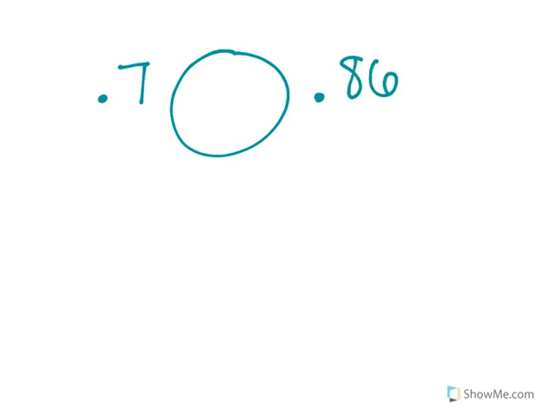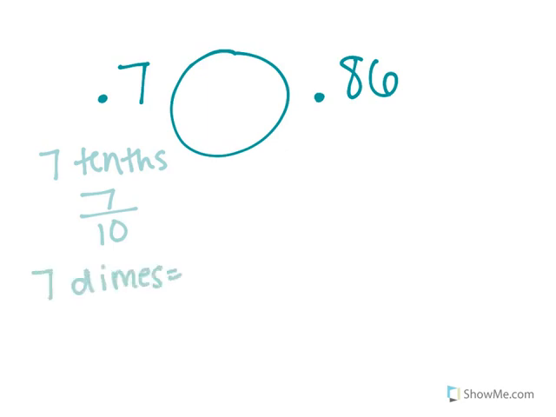But sometimes you'll be given a problem like this. 0.7 compared to 0.86. So this 0.7 is the same as 7/10, or you could consider it like 7 dimes. And how much is that worth? 70.